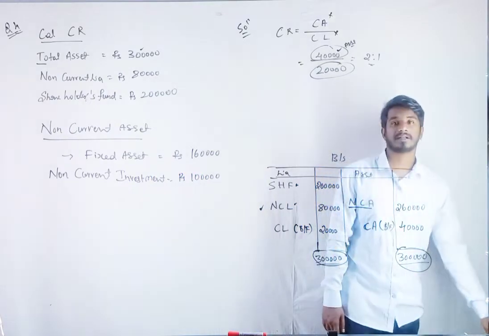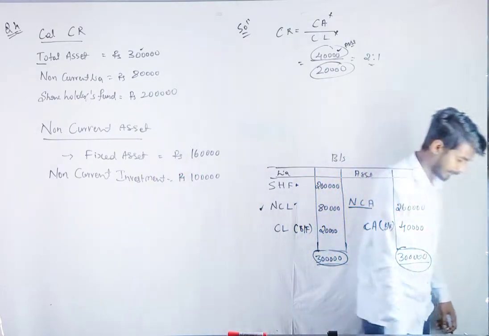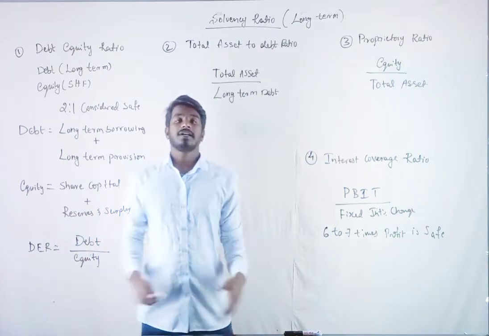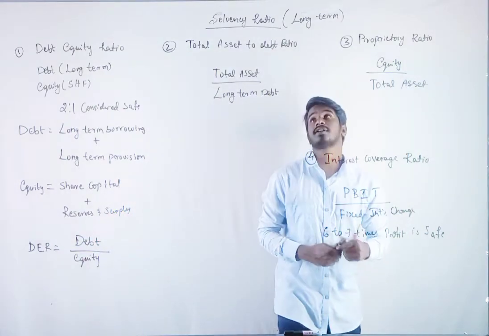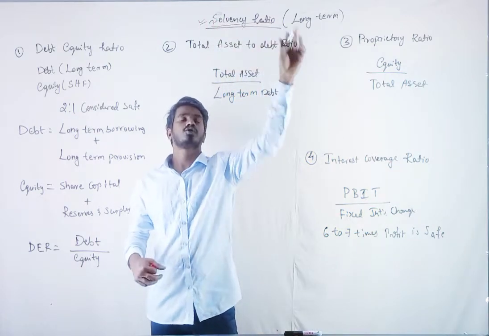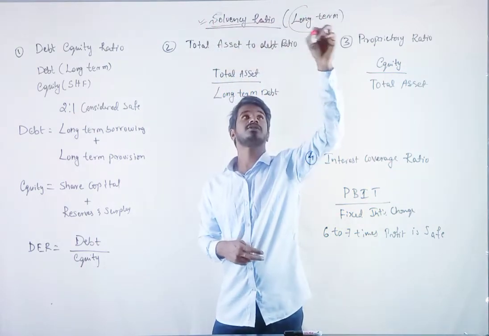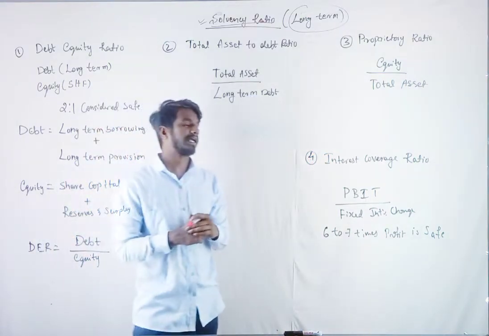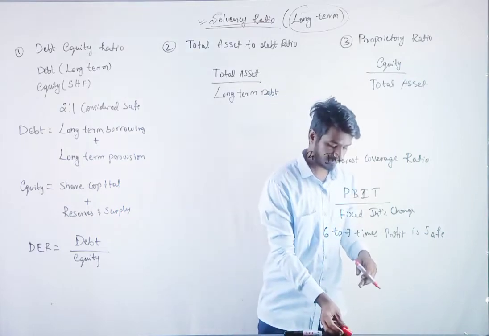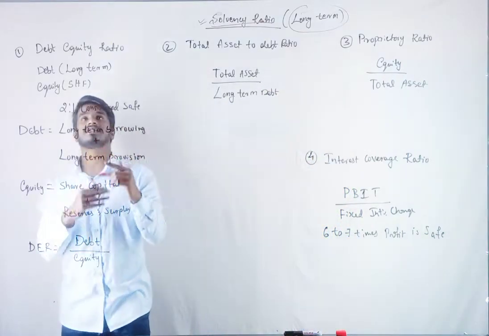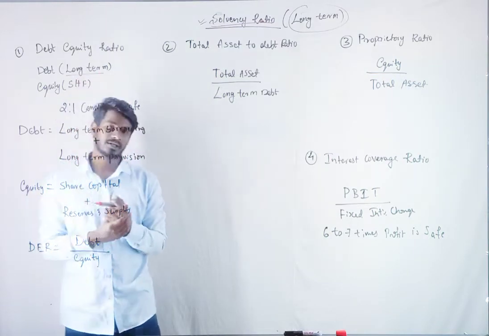Next topic. Our next major ratio is solvency ratio. The previous one was for short term loans, but this is for long term loans and debts. If I say debts here, it means long term debt itself.